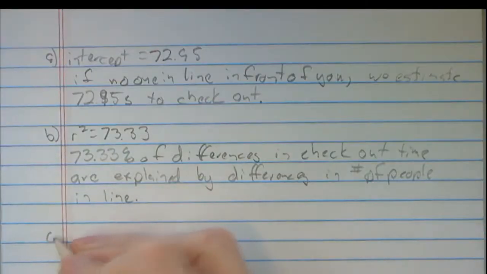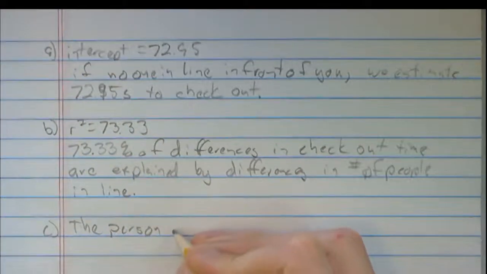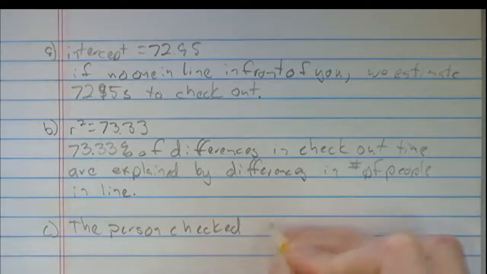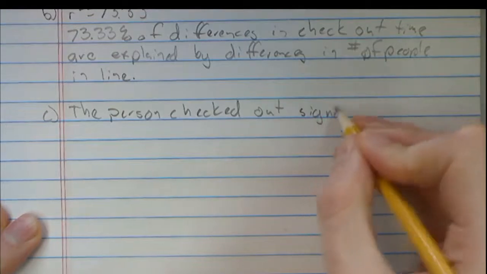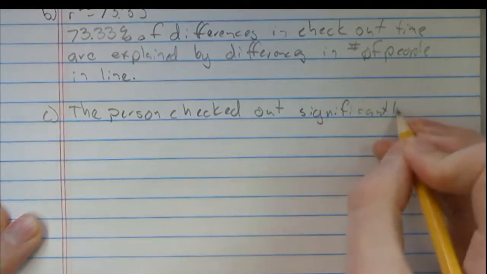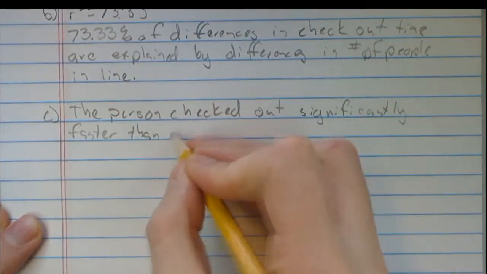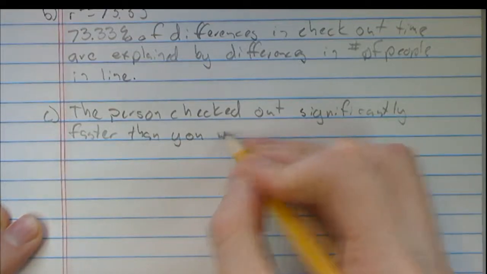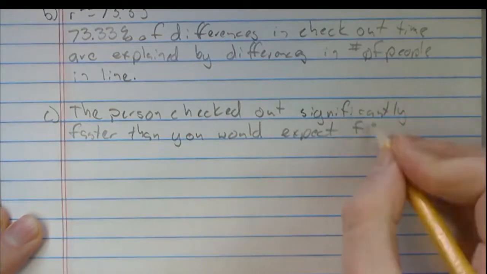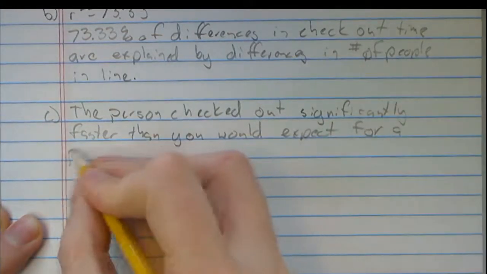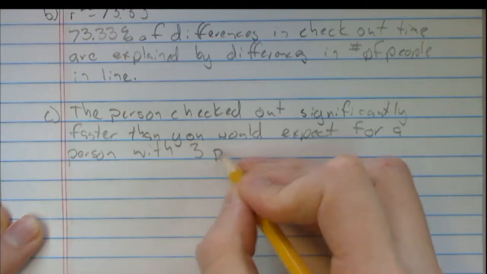Okay, so that's the point. The person checked out significantly faster than you would expect for a person with three people ahead of them in line.